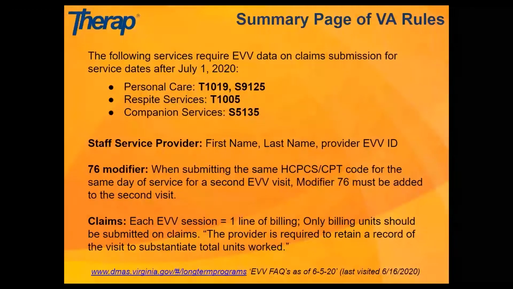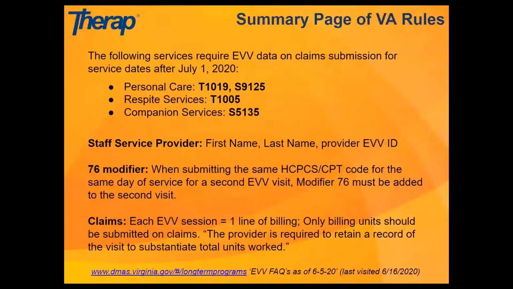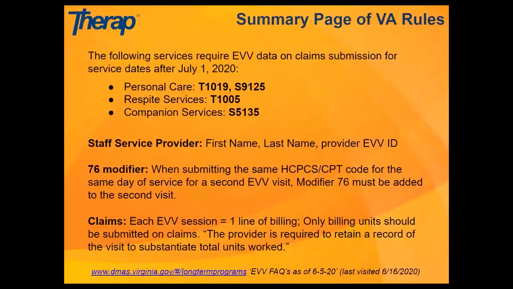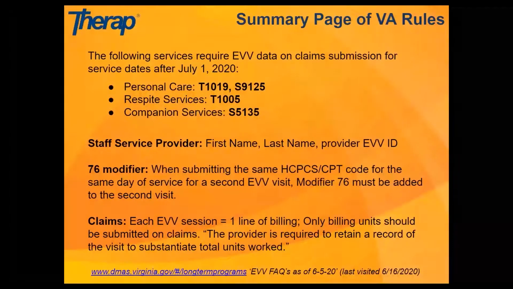That's automatically hard coded, and we will automatically add that to claims for the same date of service. So your morning and afternoon session will both have claims submitted, but then the second session will have that modifier on it.